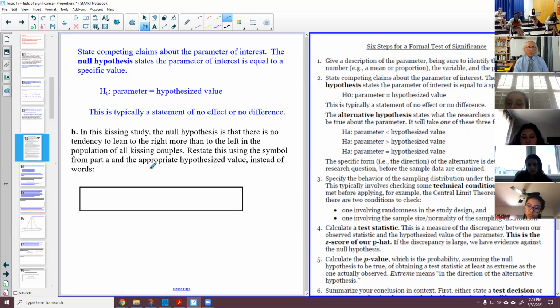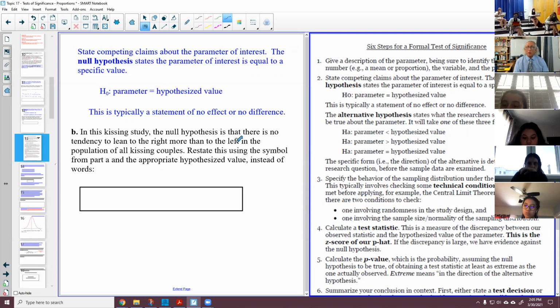So in the kissing study, the null hypothesis is that no difference between right and left. Now, I'm writing the null hypothesis before I do any research. This is kind of just like my statement that I'm going to do research about.